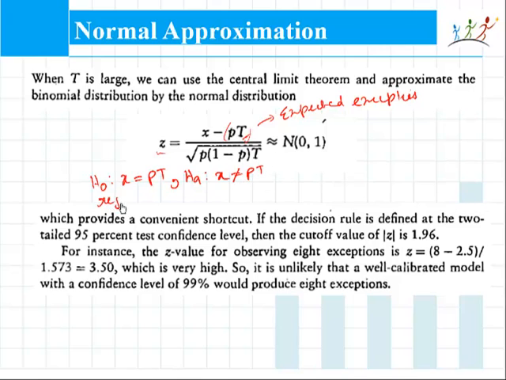If we reject the null, if we reject the hypothesis that X is equal to P into T, then this implies that the observed number of exceedances is statistically different from the expected number, hence the model should be rejected.